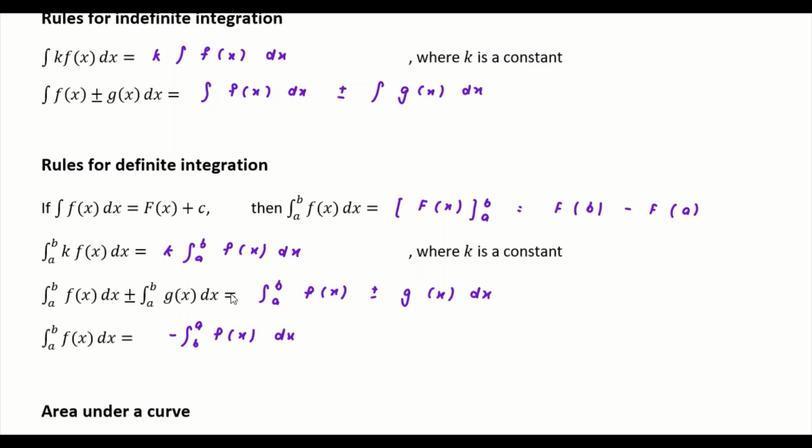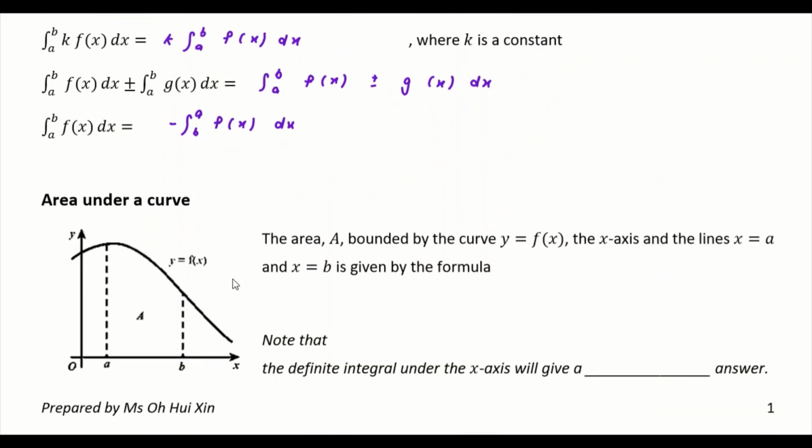Now let's look at this last part. If you can remember, for application of integration, we learned about the area under the graph and also the volume. But in M1, we are just going to use the area under the graph, which is basically only the curve and the x-axis.